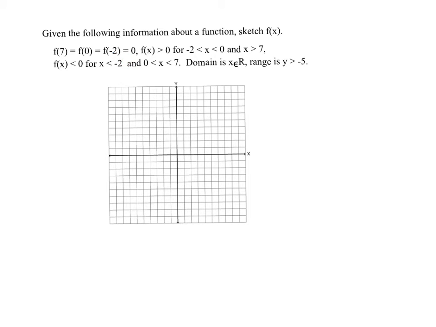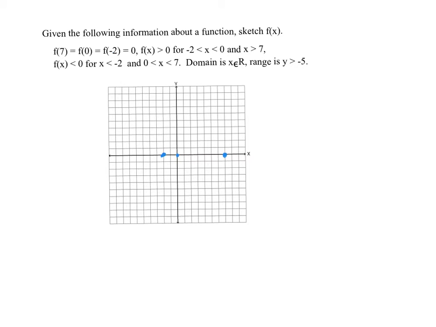So we can start by sketching those on. So f at 7, 0, negative 2. Okay, so we can start by sketching our zeros. And then it says for when x is between negative 2 and 0, and when x is bigger than 7, f at x is greater than 0.